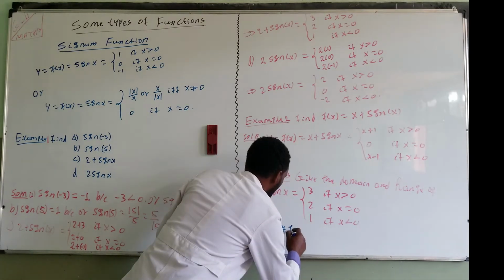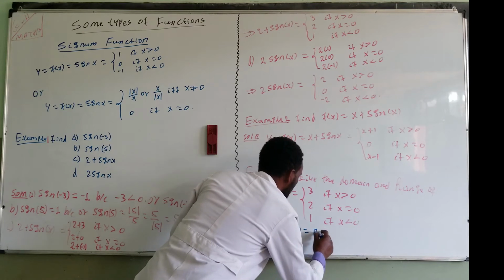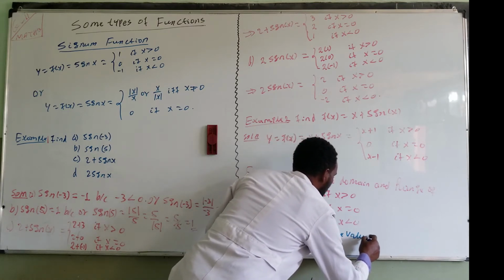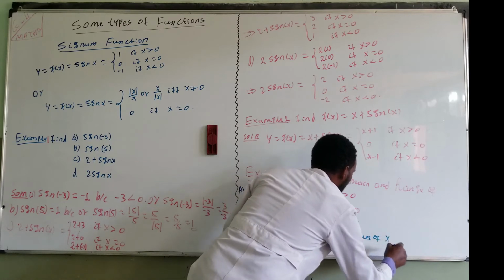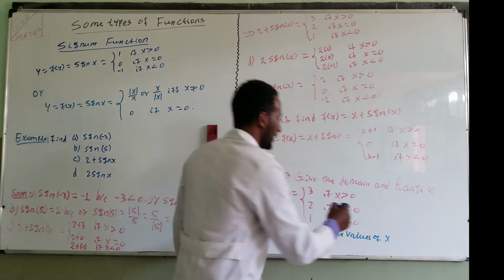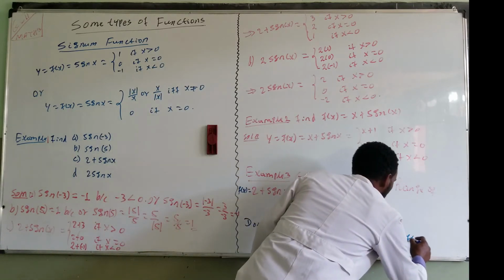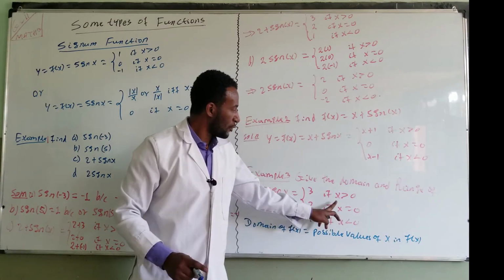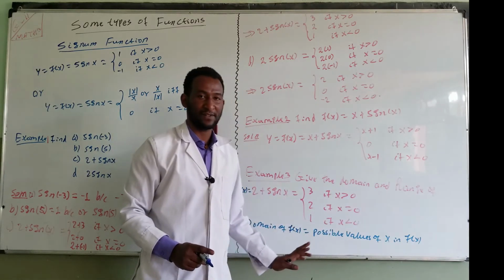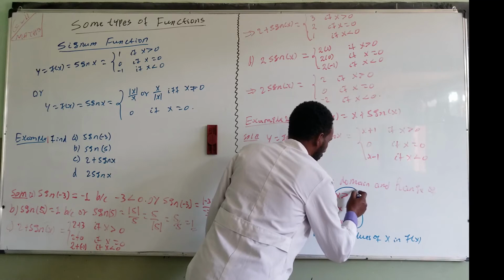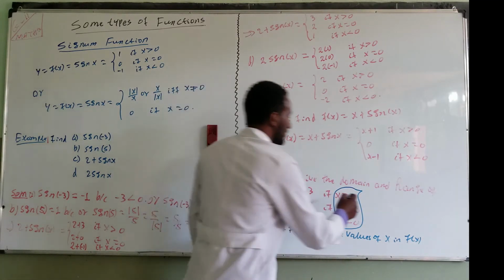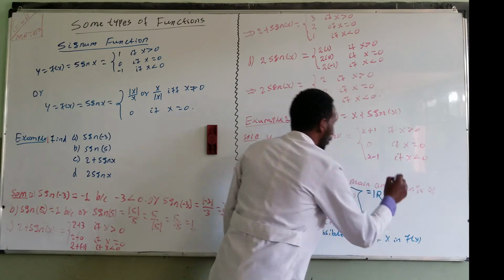Domain of f of x means possible values of x in f of x. The possible values of x are x greater than 0, x equal to 0, x less than 0. This means the domain is equal to the set of real numbers.